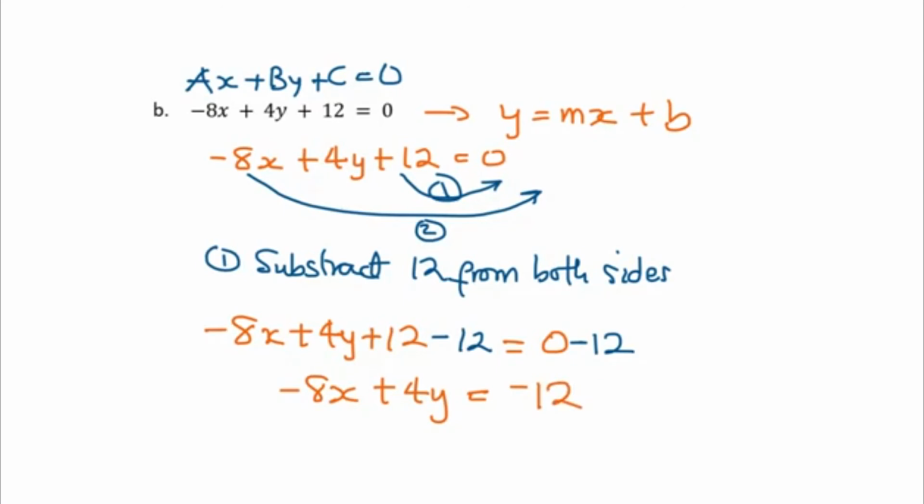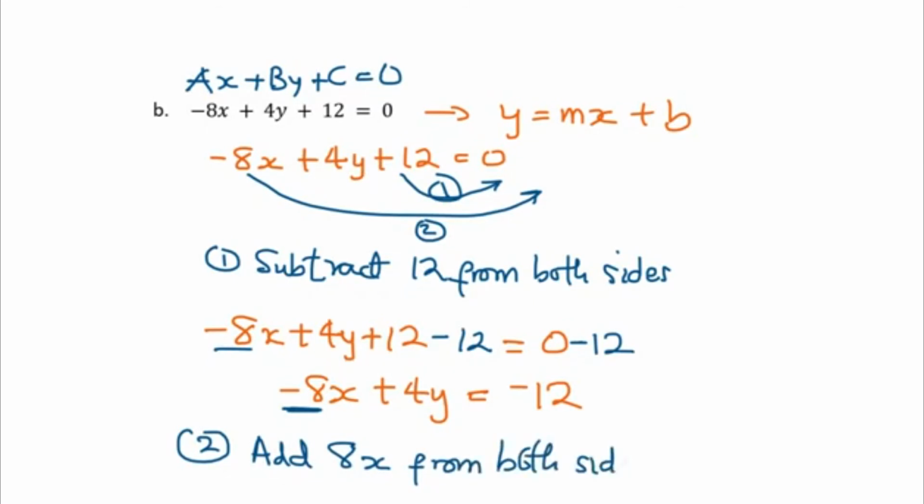So the next step, for step 2, is to, well, not subtract, because here we have -8x. So for this -8x right here, we're going to add 8x to both sides. So instead of writing subtract this time, I do the opposite, which is to add 8x to both sides.